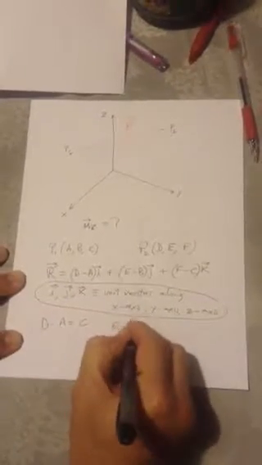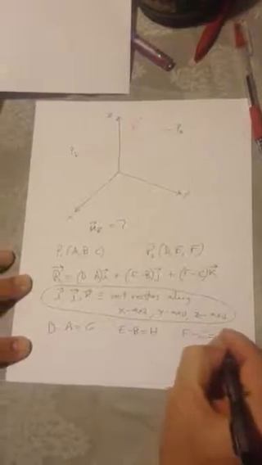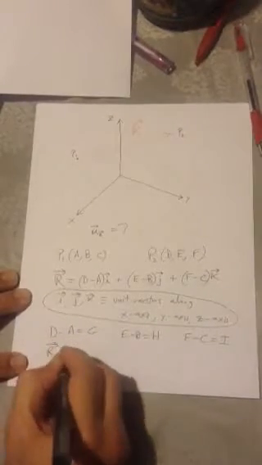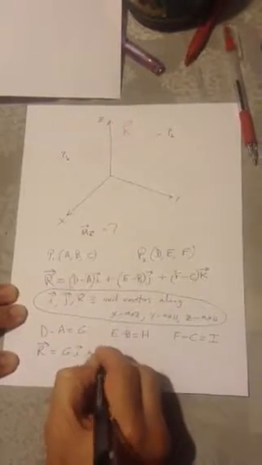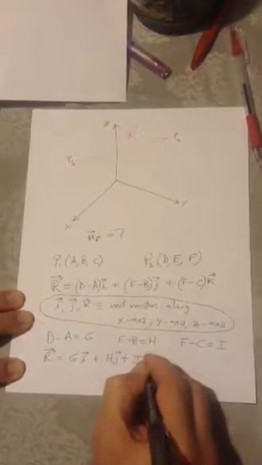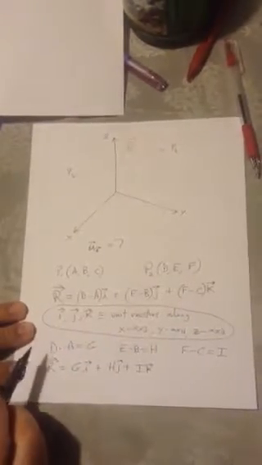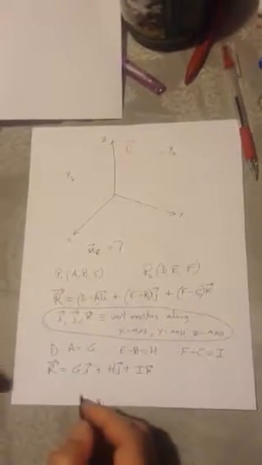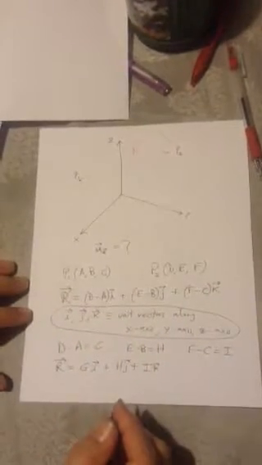And E minus B equals H, and F minus C equals I. So that now R simply becomes G times I plus H times J plus I times K. The little arrows on top of the letters indicate that they are vectors. In a book, you would find them as bold, but I cannot do bold on paper, so we do it with a little arrow on top.